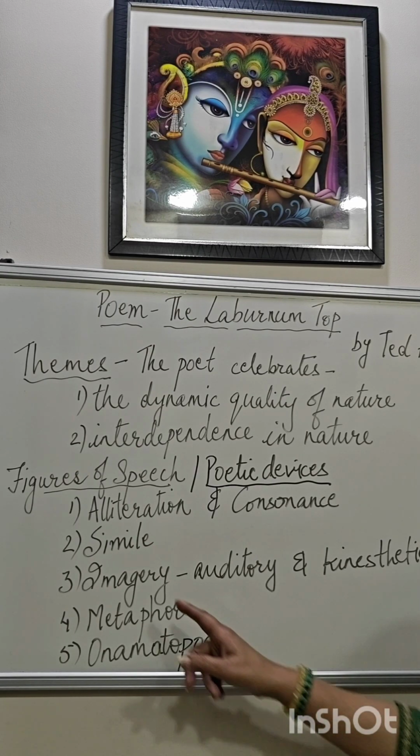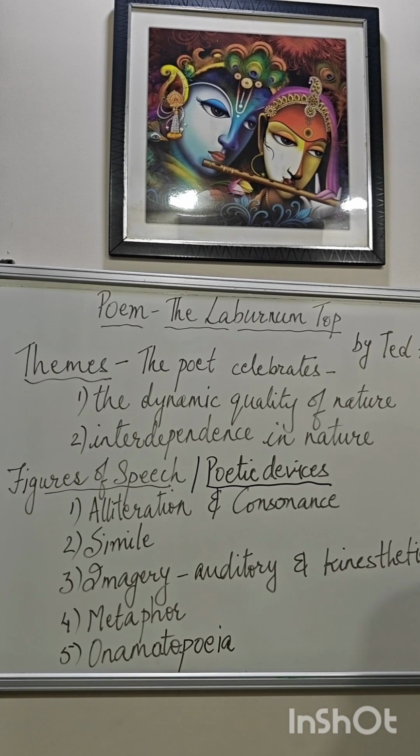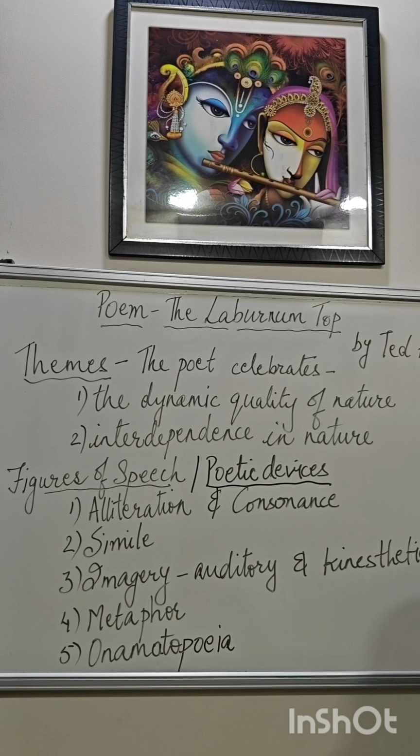The next poetic device is simile. And you know where the poet has used it, right? The poet has compared the movement of the bird with that of a lizard. So the two qualities which are similar here are the movement of the bird. Look at the sixth line of the poem.